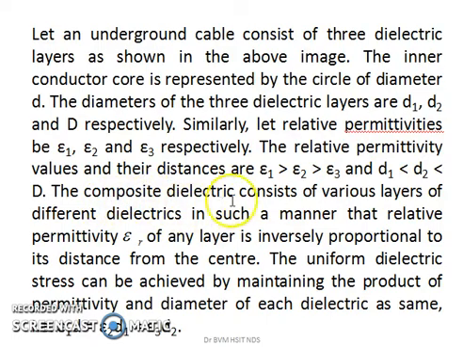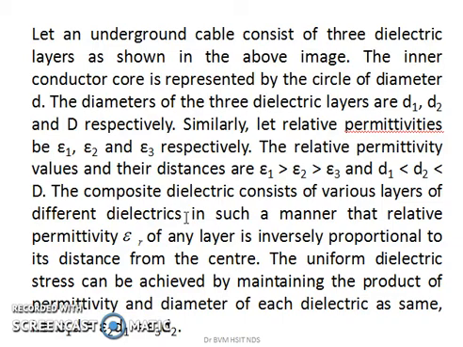The composite dielectric consists of various layers of different dielectrics in such a manner that the relative permittivity epsilon r of any layer is inversely proportional to its distance from the center. Remember this. Different dielectrics means one may be air, one may be glass, one may be mica or paper.